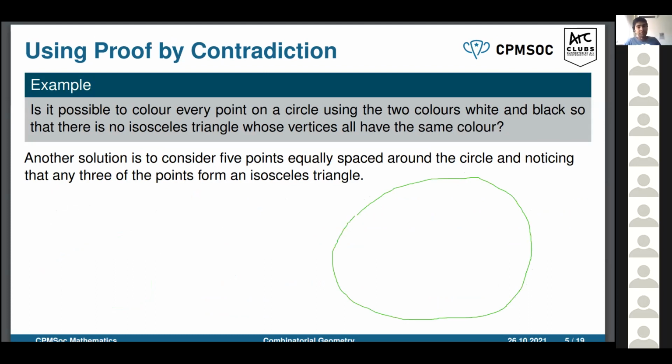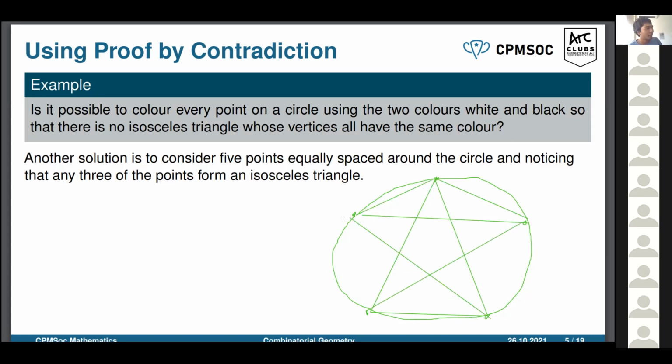So now if we consider five points equally spaced around the circle to make a regular pentagon, one interesting observation is any triangle you draw using these points will always be isosceles. So all the triangles in this diagram are isosceles. This means no 3 points can be the same color in this diagram.